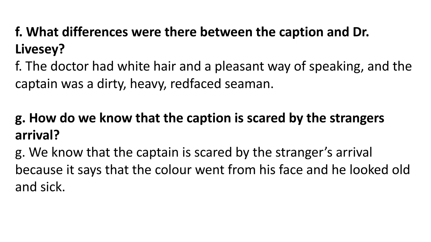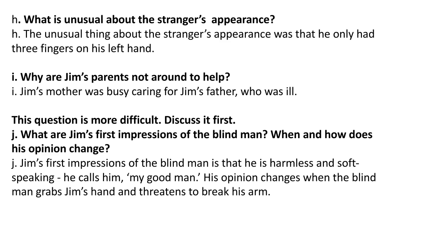How do we know that the captain is scared by the stranger's arrival? We know that the captain is scared by the stranger's arrival because it says that the color went from his face and he looked old and sick.